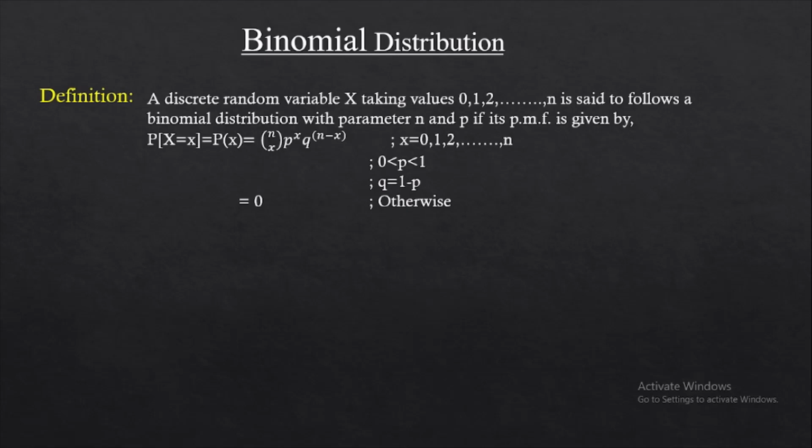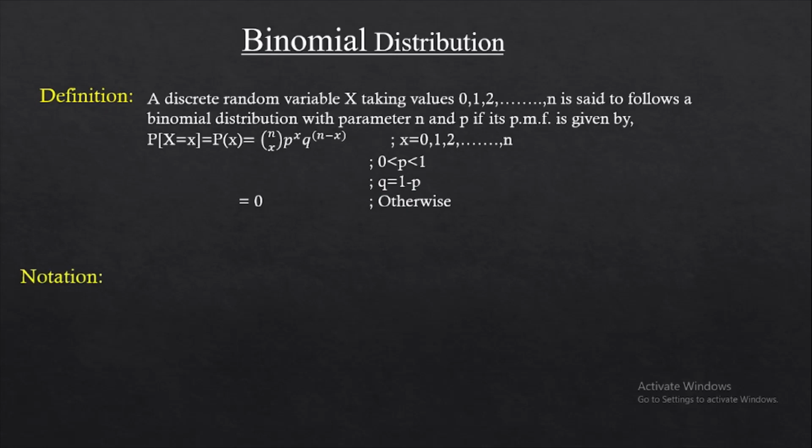We can also write it as P(x) = nCx p^x q^(n-x). Here nCx means n combination x, and the range of x is 0, 1 up to n. It is a discrete distribution, hence its range is discrete. The range of p is 0 to 1, q is equal to 1 minus p, and we know that p plus q is equal to 1; 0 otherwise.